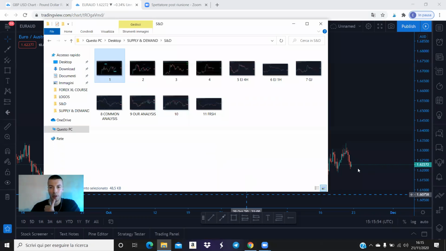I think it's not working. I don't know why. I opened all the pictures before starting. Open as Paint. I will try the last one.